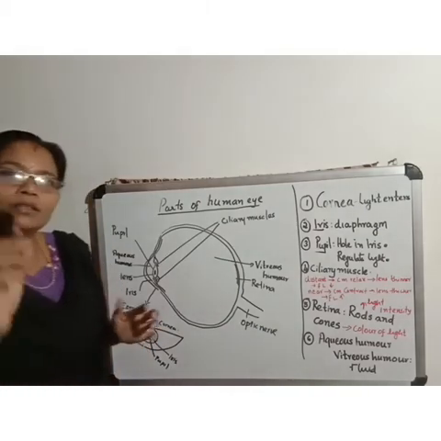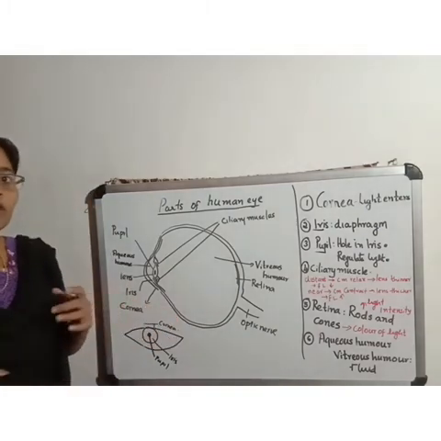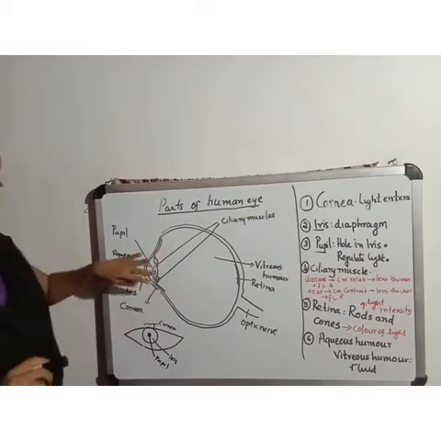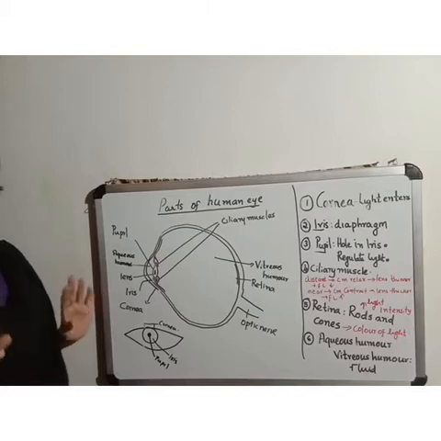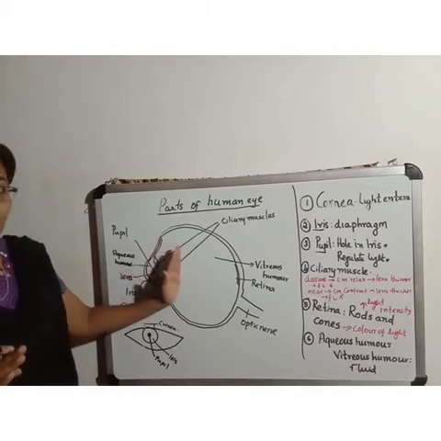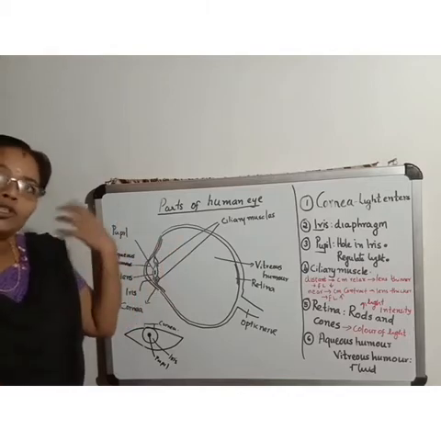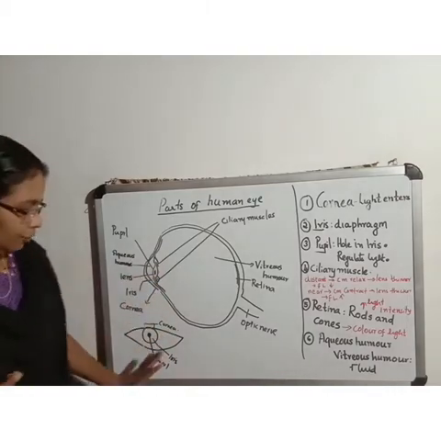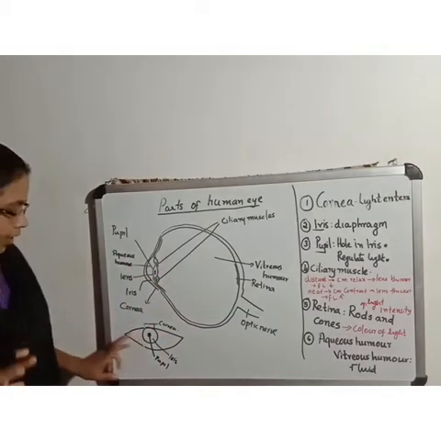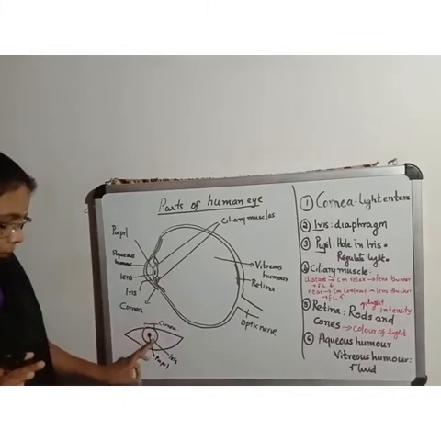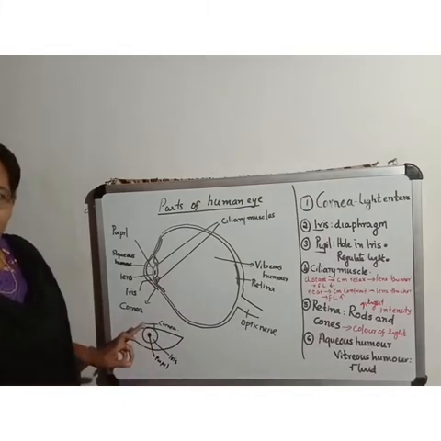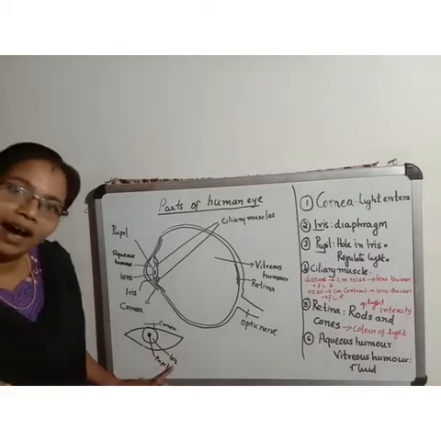It is very difficult to locate them in this picture, because small tiny parts are seen here. Now logically, if you are drawing one eye, we draw like this. The round part you can see inside the eye is the iris.